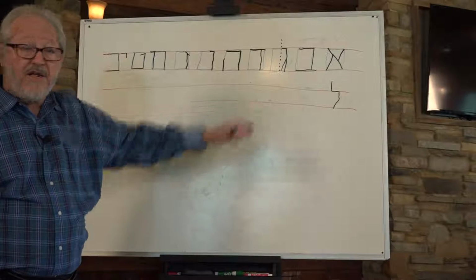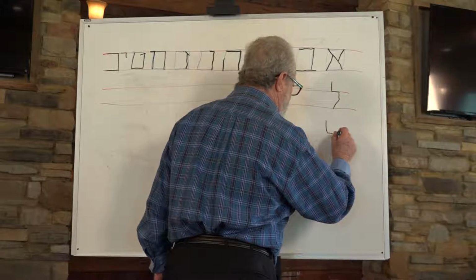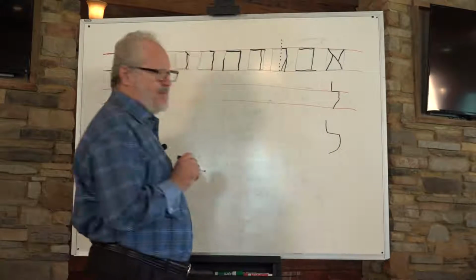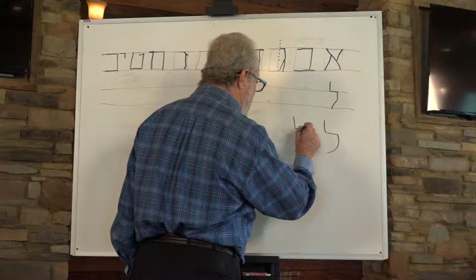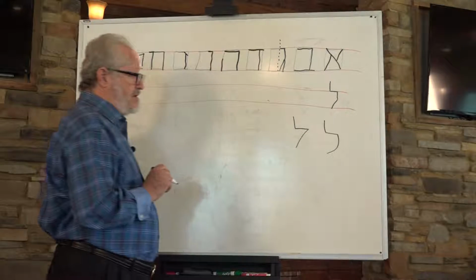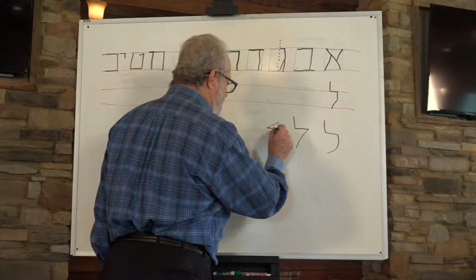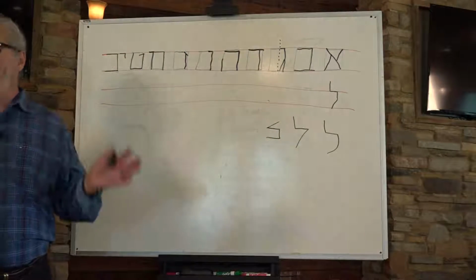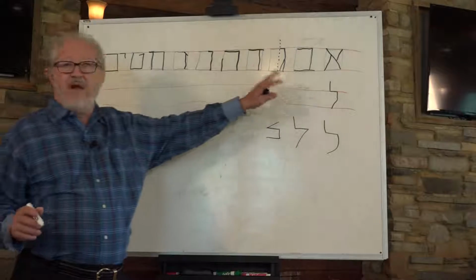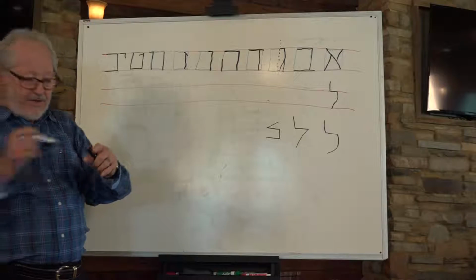First learn them right, and then create others. I've seen Lameds like this. See the similarity? I've seen lameds like this, looks like a 5 without a tail. And I've seen lameds like this. So pick whatever you like, but first learn them the right way. When you get great at the right way, create your own, okay?